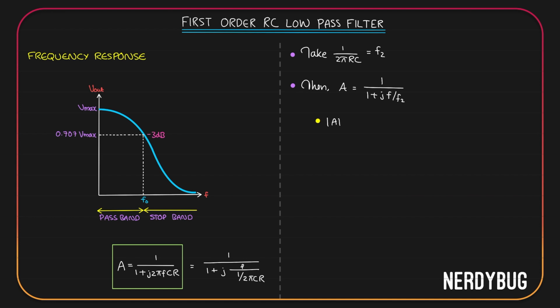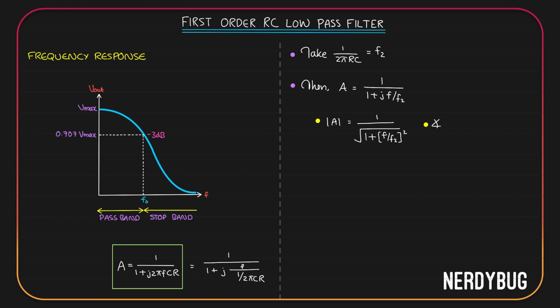I want the magnitude of A. Numerator is just 1, divided by the denominator, which is of the form A plus JB, whose magnitude is root of A square plus B square. So here I can write root of 1 plus F by F2 whole square.